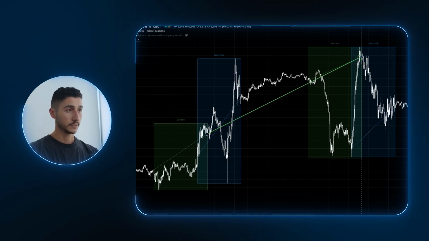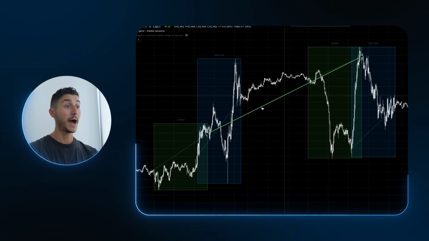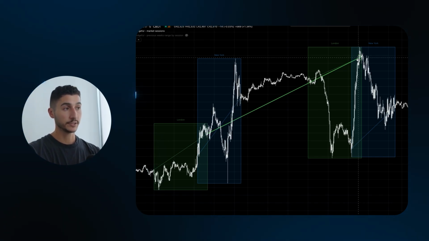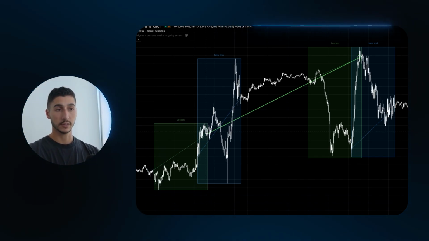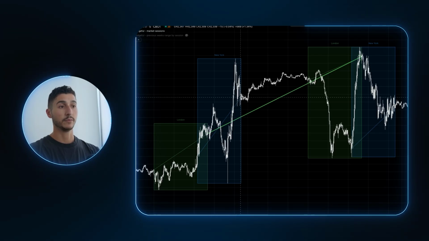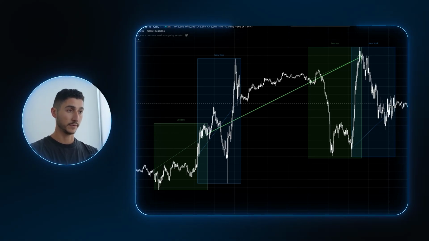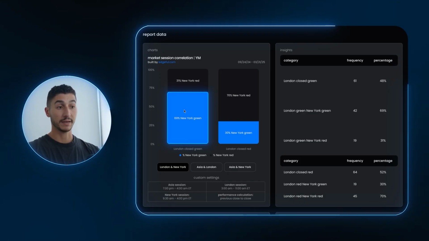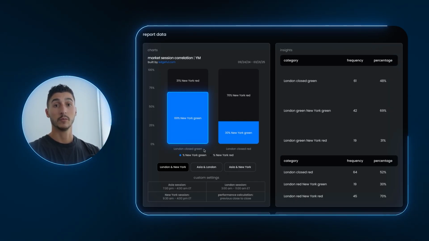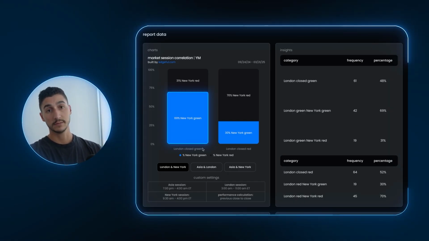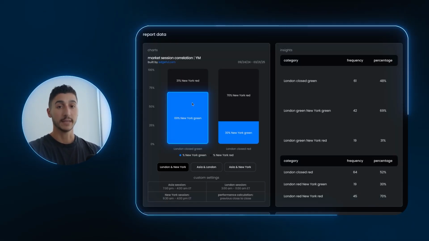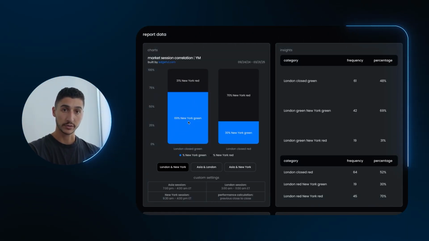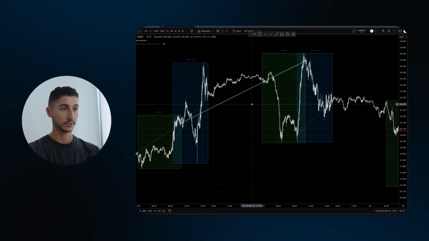You're checking, is today's close higher than the previous London close? And how does that correlate with this New York to the previous New York? In this case, you can see that almost 70% of the time when today's London session closes above yesterday's London session, today's New York session will close above yesterday's New York session.